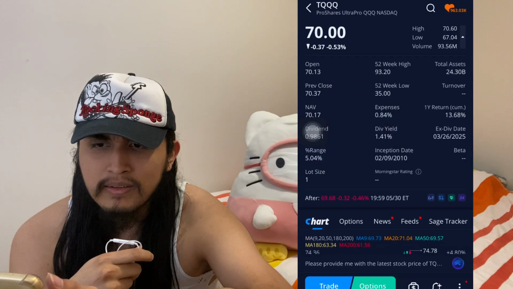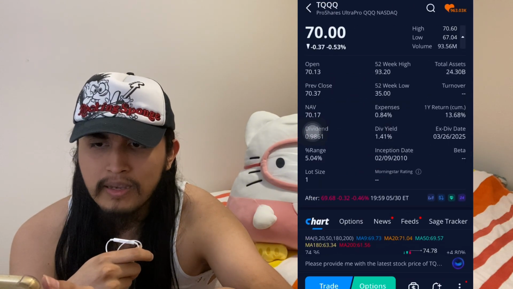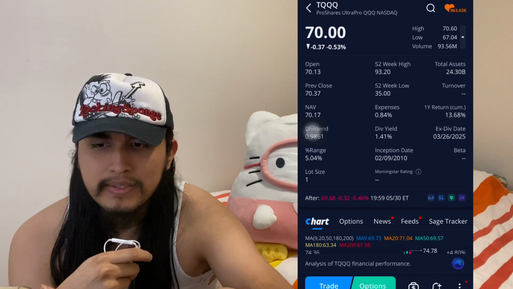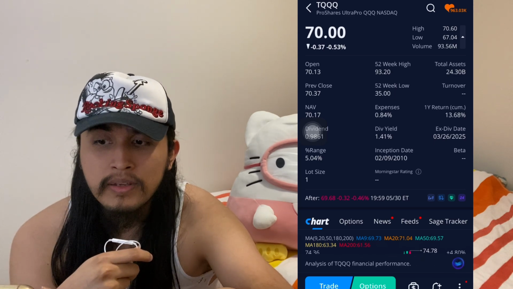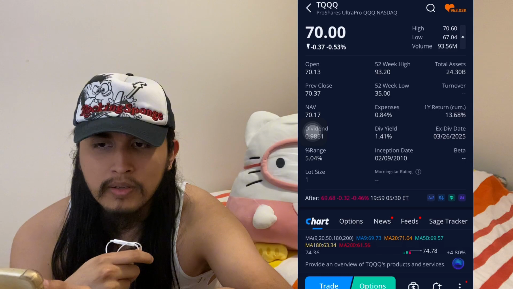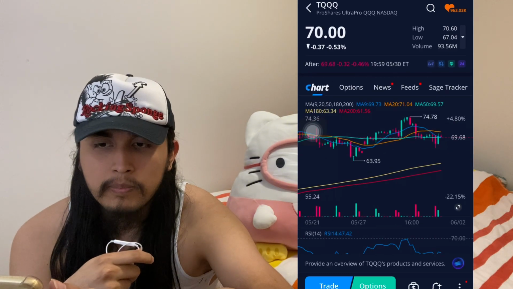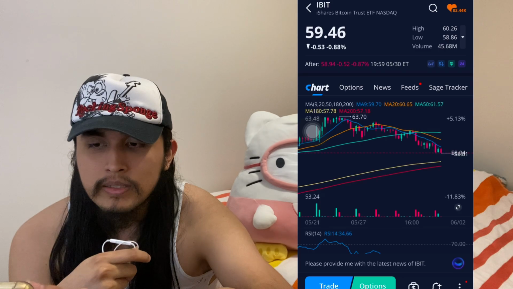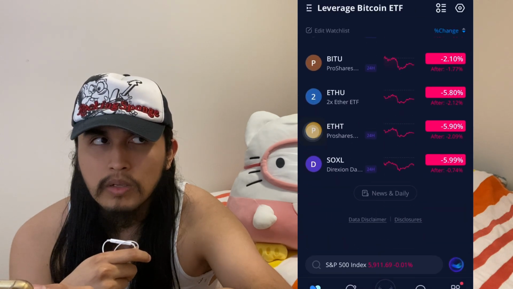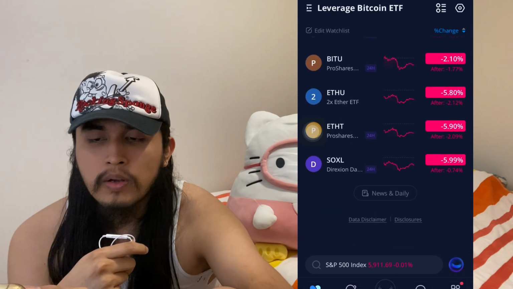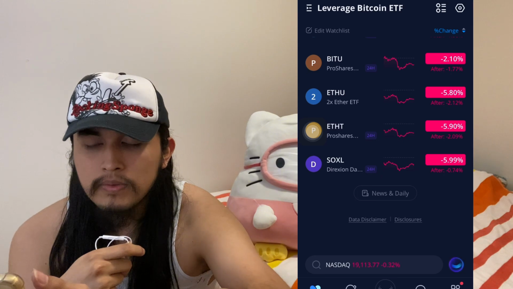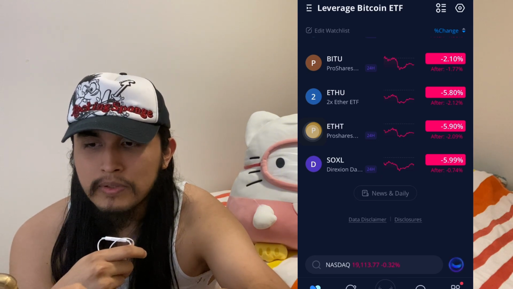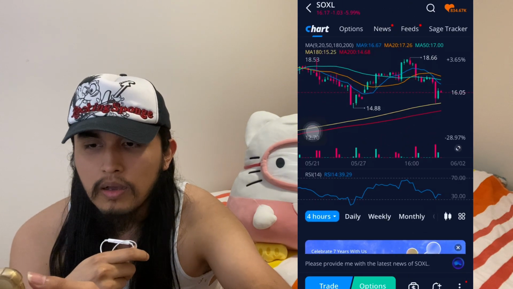I think the expense ratio is calculated, if I'm not mistaken, every month or every year. I'm not sure, but I'd have to look that up and report to you guys tomorrow. But basically what I've been discovering is that a lot of people could start trading leveraged ETFs, and most of the time these leveraged ETFs make huge moves.